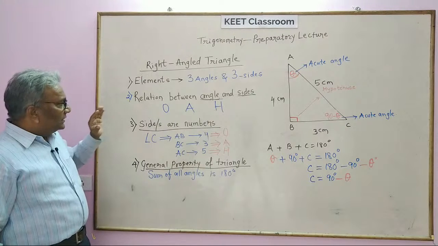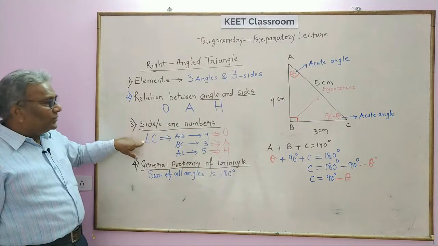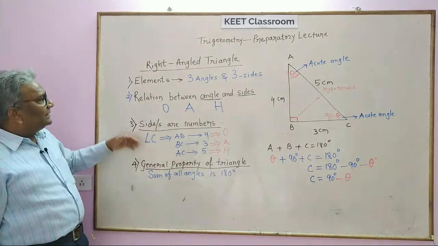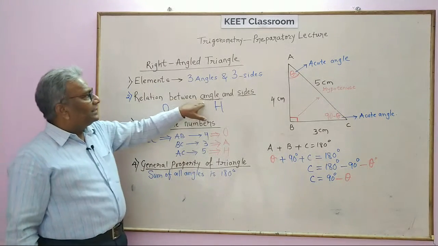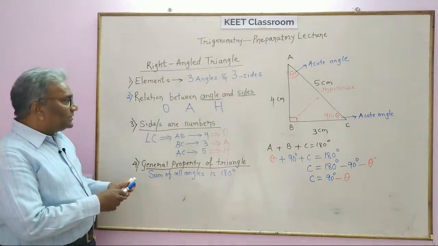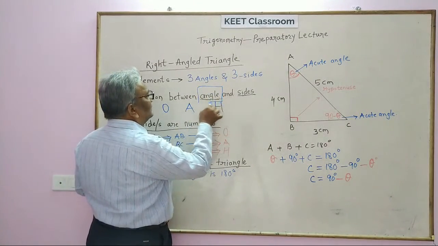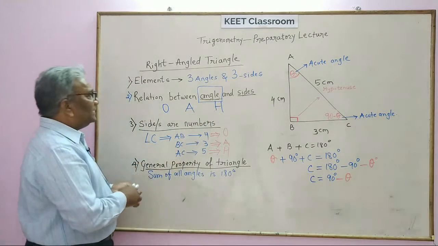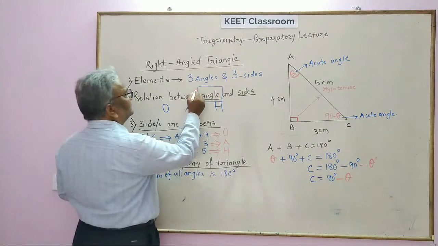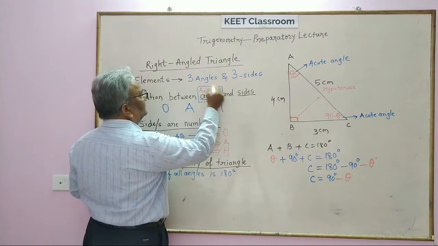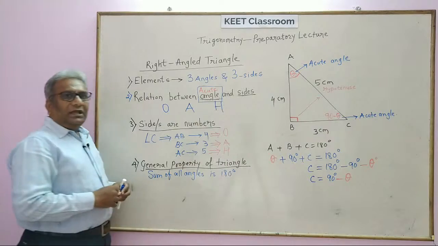And angle C, which is an acute angle, we have studied just a few minutes back the relation between the angle and side. So here you must now specify that this angle is compulsorily an acute angle.